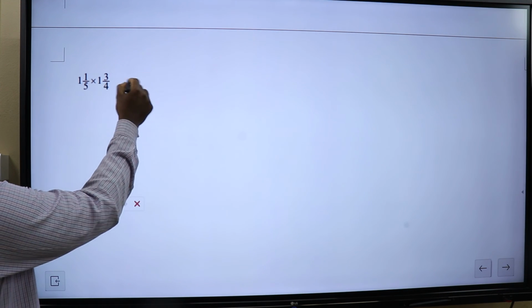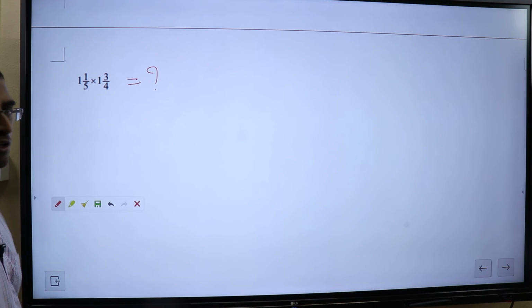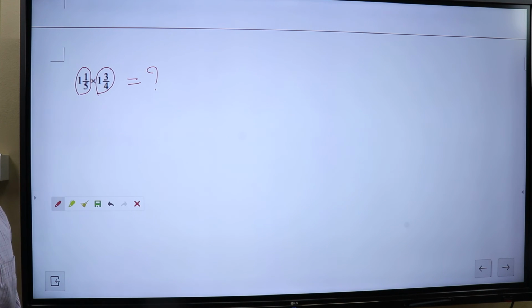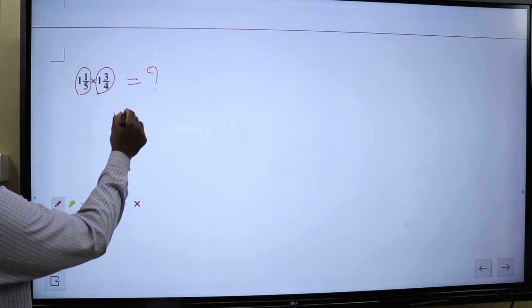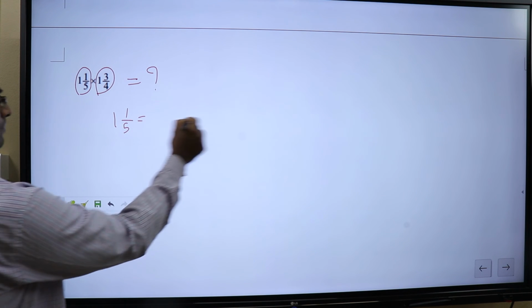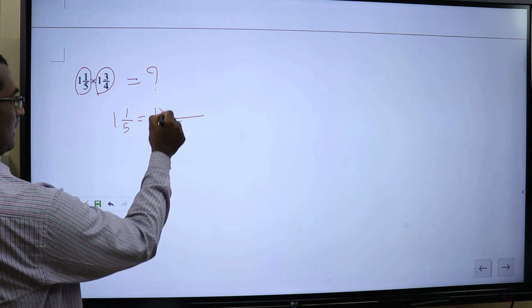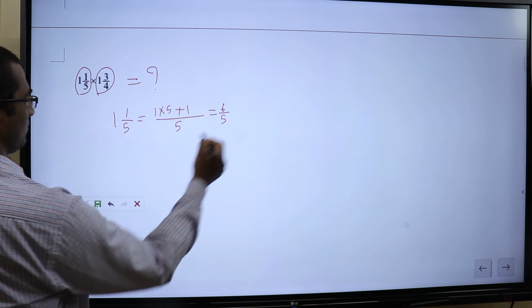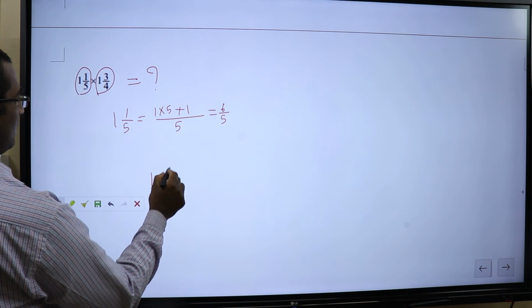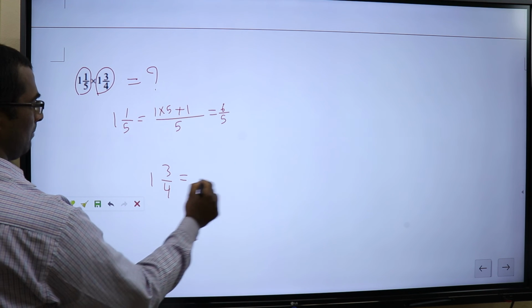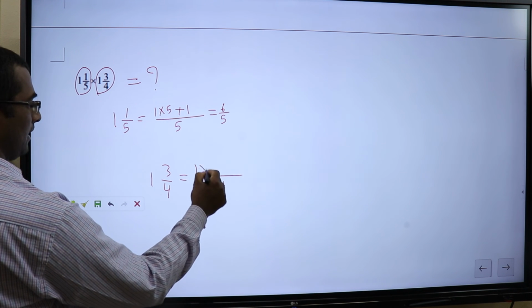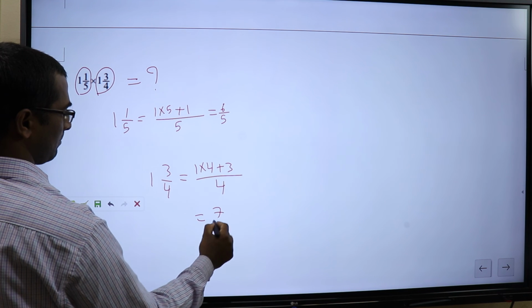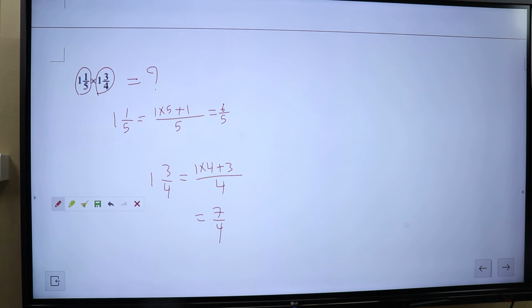1 1/5 times 1 3/4 will become how much? To calculate this, first I should convert each into an improper fraction. So 1 1/5 will become 5 here, and 1 into 5 plus 1. So that is 6/5. And 1 3/4 will become 4 here, and over here 1 into 4 plus 3. So that is 7/4. Okay.